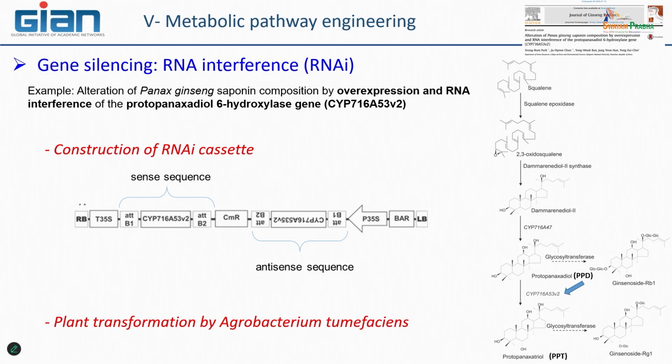After having constructed this RNAi cassette, you see this cassette is surrounded by the two borders, right and left border, that correspond to pieces of T-DNA of the plasmid of Agrobacterium. So they have included this construction in the Ti plasmid of Agrobacterium.